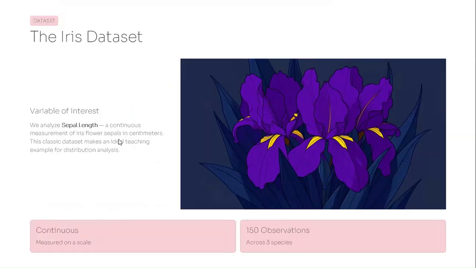I'm going to use the iris dataset, a standard dataset in statistics. The variable sepal length is continuous. This makes it ideal for histogram analysis. Just keep in mind, interpretation remains the same regardless of dataset.